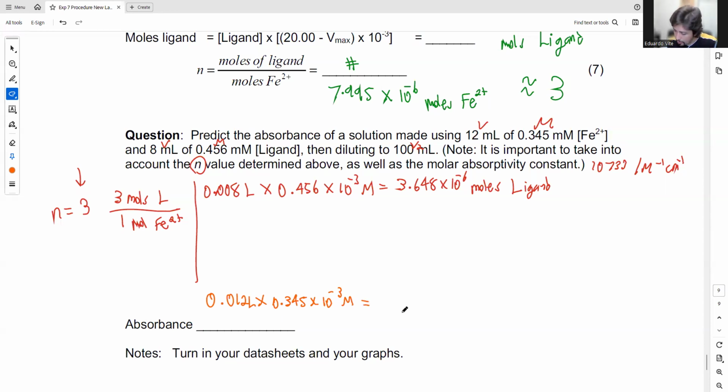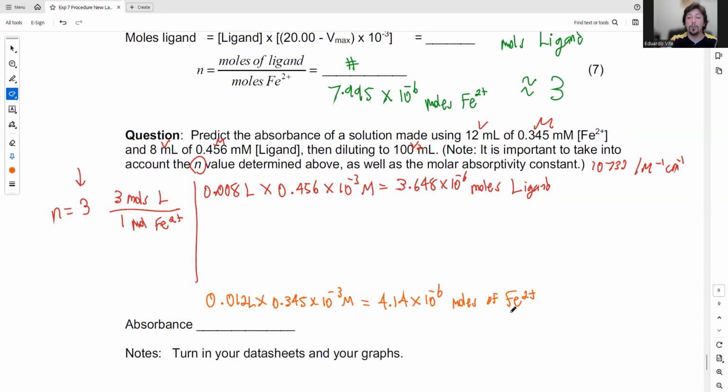What is that number? I think it was 4.14 times 10 to the minus 6. And this is moles of Fe2 plus that I actually have. Okay, sounds good. So this is how much I actually have.